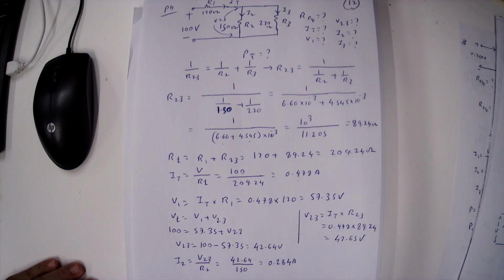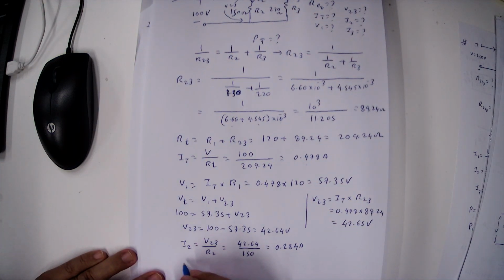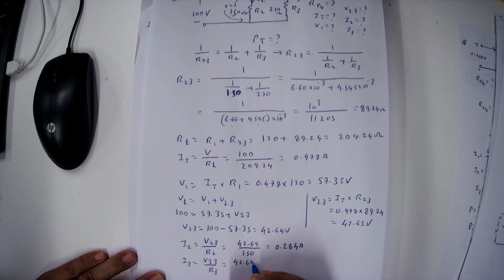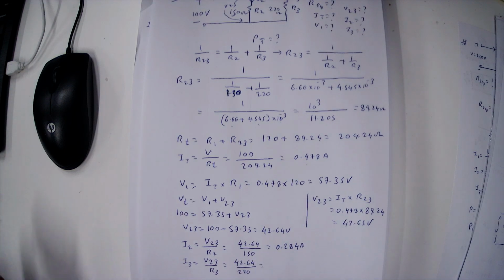I2 we calculated, and we also calculate the I3. V23 divided by R3. V23 is 42.64, resistance is 220. 42.64 divided by 220, so 0.193 ampere.